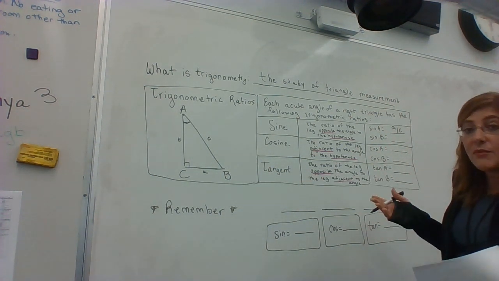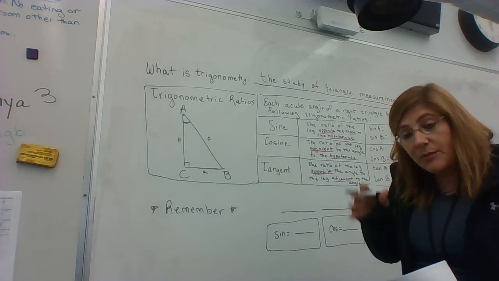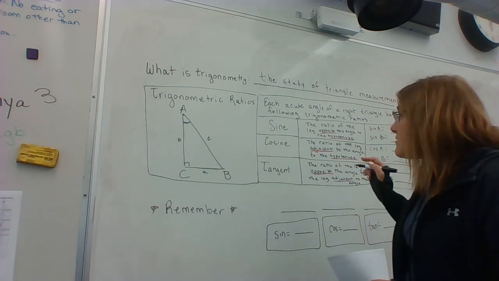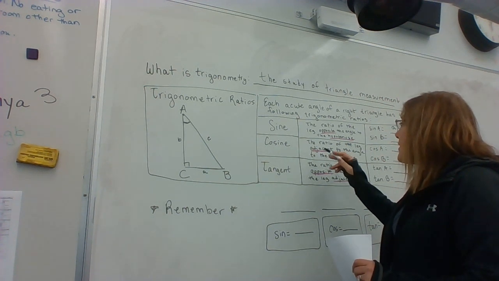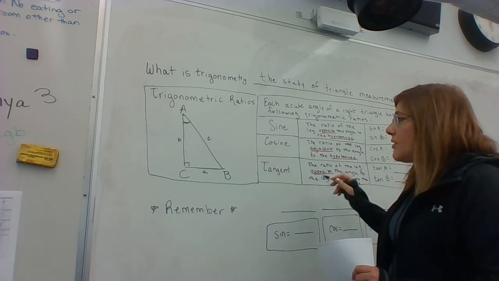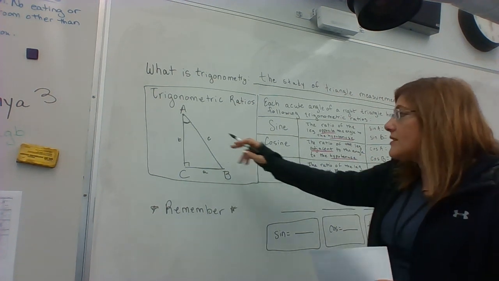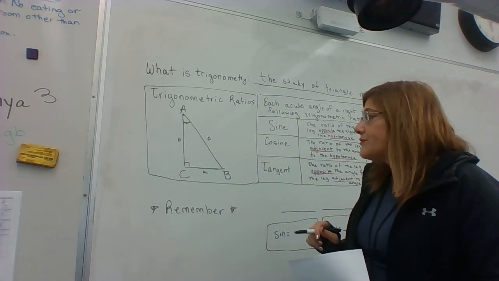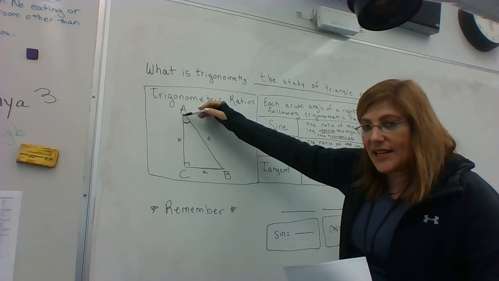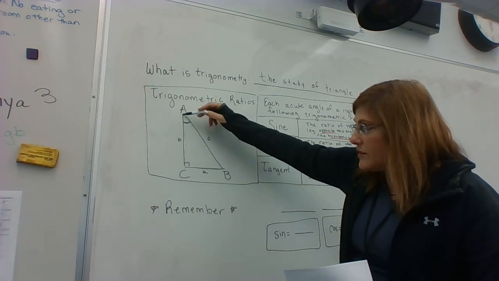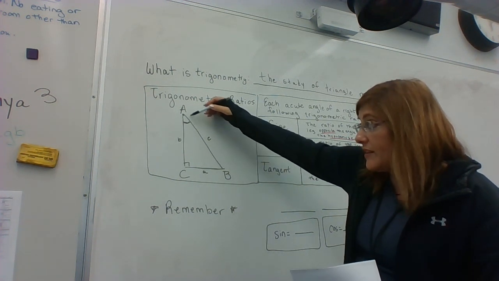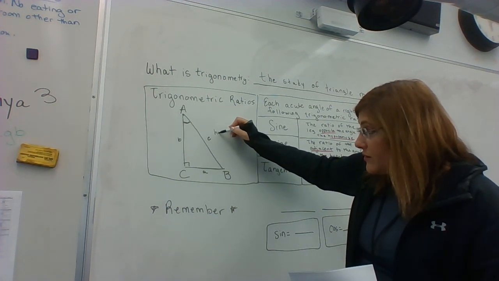A over C. Now this all may be confusing, but we're going to put in real numbers and you'll start to figure it out. Let's go on to cosine. The ratio of the leg adjacent to the angle to the hypotenuse. Well, let's go back to angle A. It says the ratio of the leg adjacent. Adjacent means next to. That's going to be this leg right here. It's next to angle A. I wouldn't pick this one because this one's the hypotenuse.